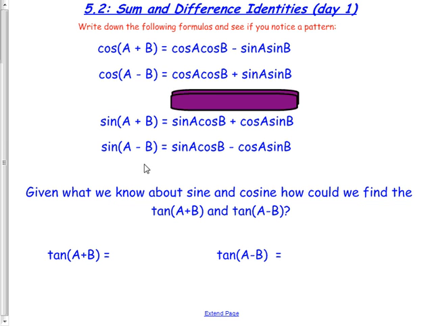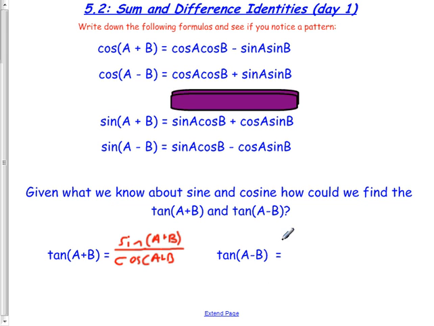So here I set our basic identities. Now down here we define sine and cosine, or sine or tangent. There are a couple ways you can do it. There is a separate tangent equation, but one way to simplify the process is, knowing that tangent is sine over cosine, if you've already found the sine of a plus b and the cosine of a plus b, then you could just divide those to find the tangent of a plus b.